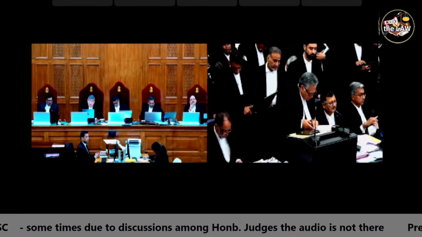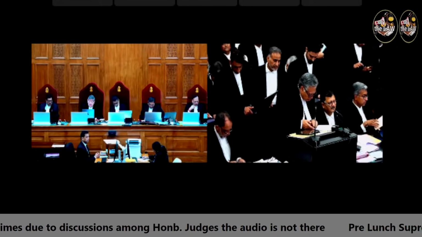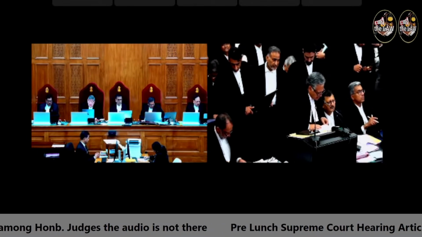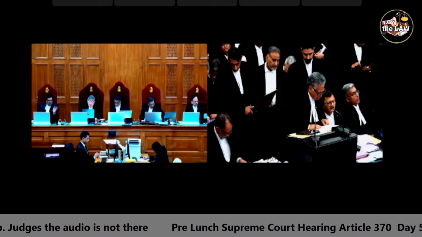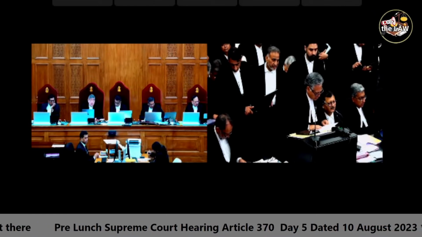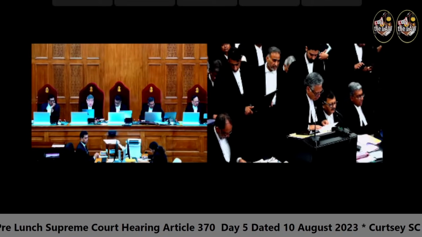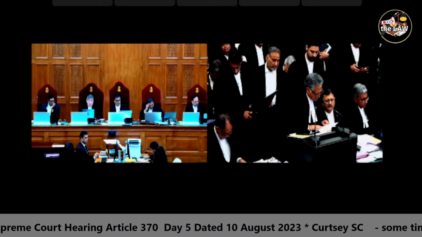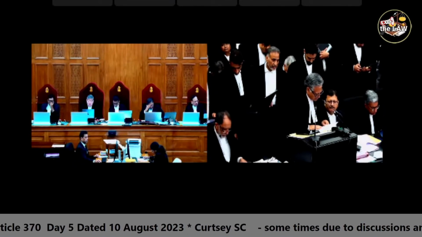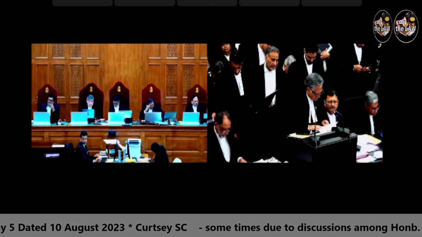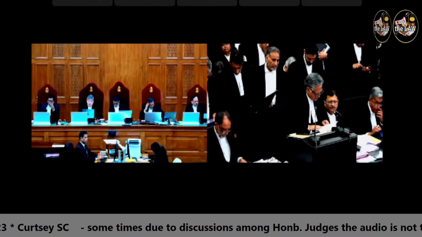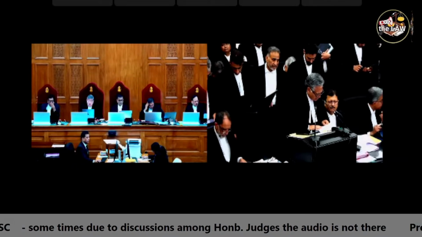Parliament may by law form a new state by separation of territory from any state or by uniting two or more states or parts of states or by uniting any territory to a part of any state, increase the area of any state, diminish the area of any state, alter the boundaries of any state, alter the name of any state, provided that no bill for the purpose shall be introduced in either house of Parliament except on the recommendation of the President, and unless, where the proposal contained in the bill affects the area, boundaries, or name of any of the states, the bill has been referred by the President to the legislature of that state for expressing its views thereon within such period as may be specified in the reference or within such further period as the President may allow, and the period so specified or allowed has expired.